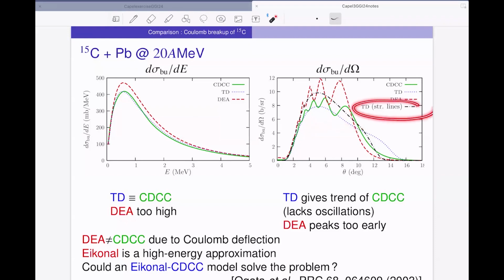If you look at the straight line trajectory, then you get the black dashed dotted line here. You have the same kind of behavior. You are also too high, and this is due to the eikonal approximation where you have this plane wave approximation. You neglect the Coulomb deflection. That's what I've mentioned before. So even at 20 MeV per nucleon, you need to include this Coulomb deflection.